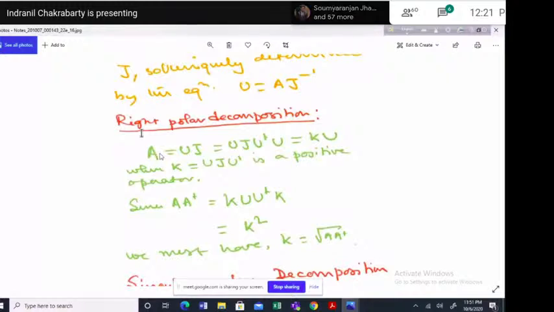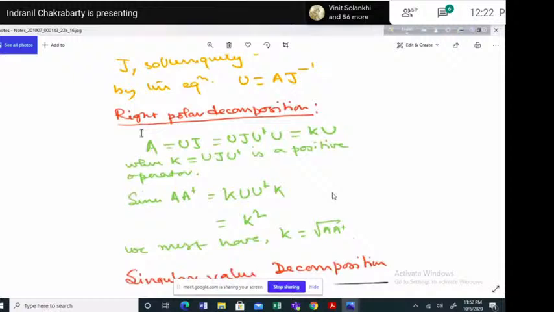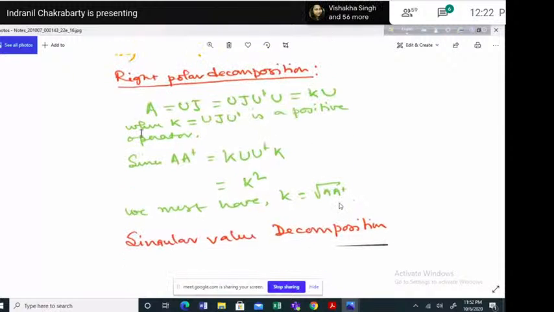We know already from A is equal to UJ that we can create this operator K, and we see that K is a positive operator, and also that we can get K to be root over A dagger A. So the matrix A can be written not only in the left polar decomposition form UJ, but also in the right polar decomposition form KU, where in the case of the left polar decomposition J will be root over A dagger A, and K will be root over A A dagger.